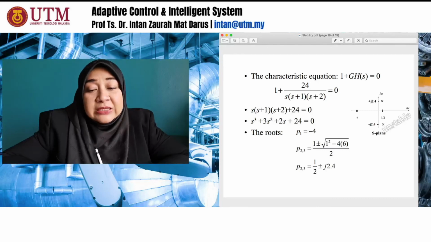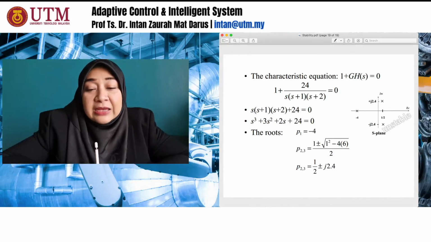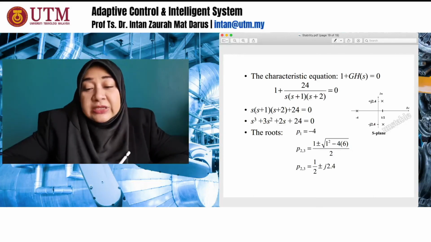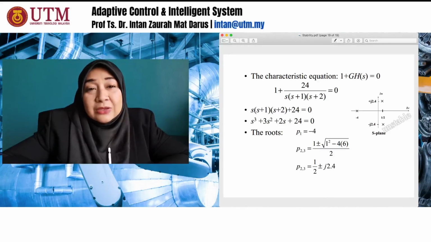P2 and P3 come from the quadratic factor, giving complex poles: 1 over 2 plus or minus j2.4. So we have two complex conjugate poles, positive half plus 2.4j and positive half minus 2.4j.